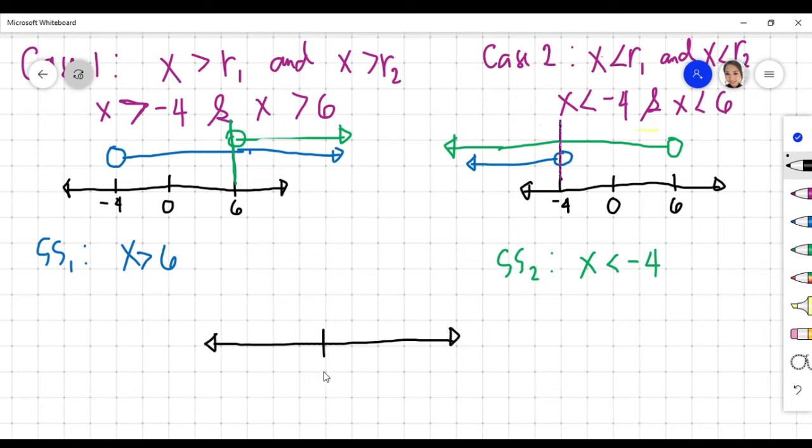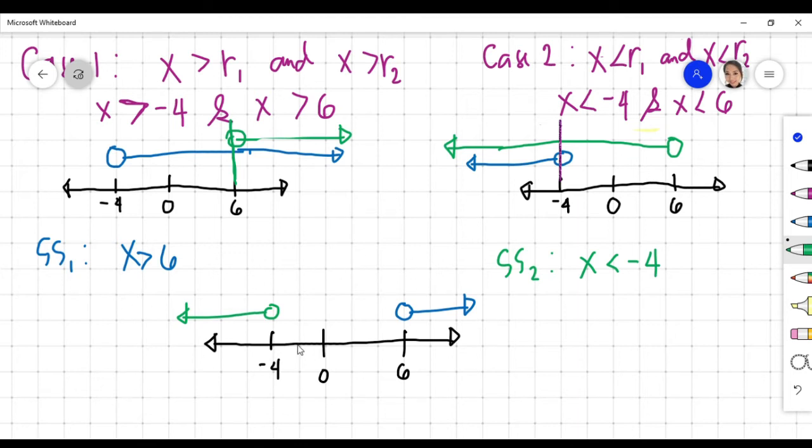Let's say this is our 0, and we have here our negative 4, and we have our 6 here. So graphing that, it would look like this, right? Solution set 1 would be the graph here. And for solution set 2, it is x less than negative 4, which is this graph.